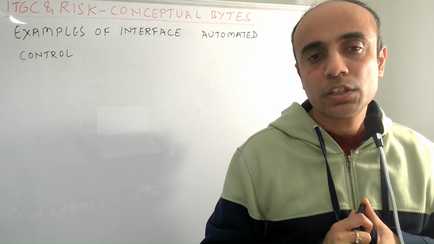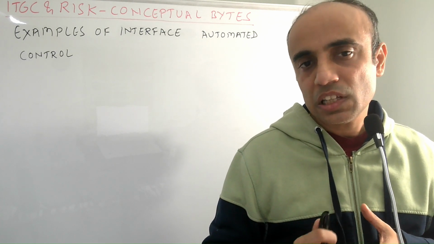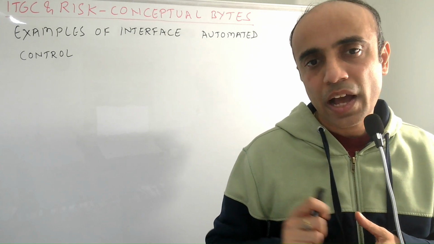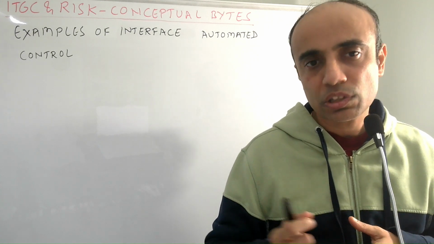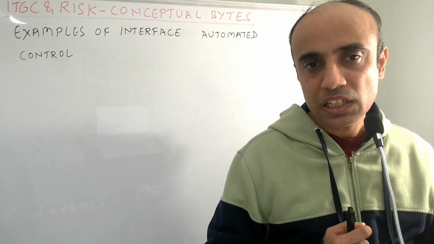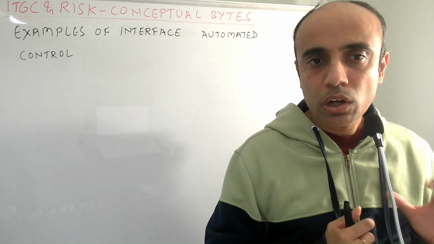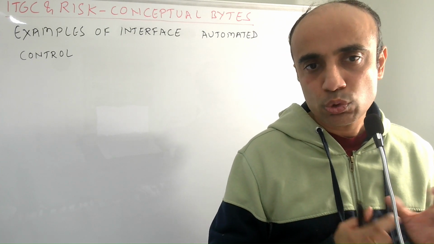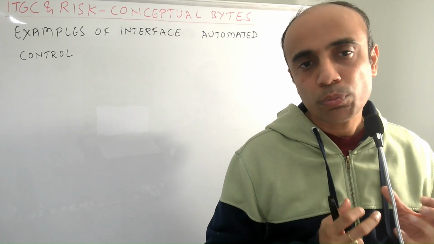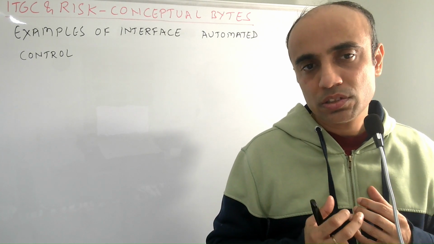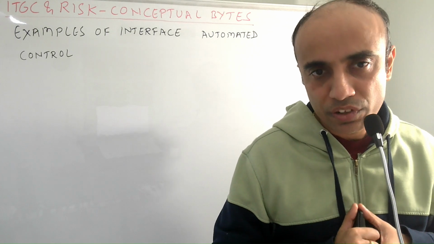Next is the interface between the ERP sales application and the tax application. Again, mostly done to get the data from the ERP sales side to calculate the taxes. So all data exchanged between these two applications in an automated way through an interface is an example of an interface automated control.